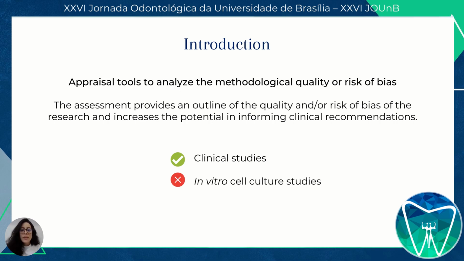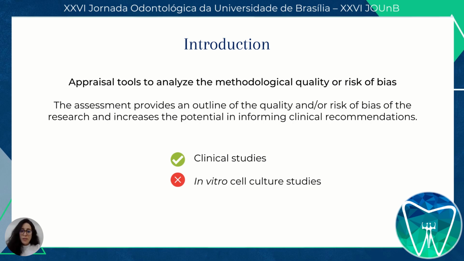Such applications are recommended by guidelines such as PRISMA 2020, and this recommendation is mostly because the assessment provides an outline of the quality and risk of bias of the research and increases the potential for informing clinical recommendations.